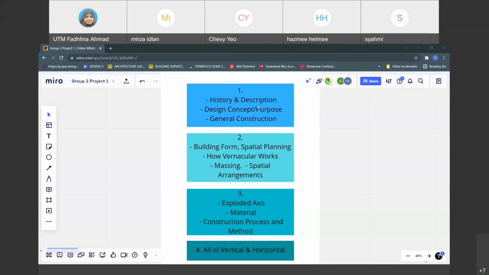But the thing is, this one is individual work, right? So Syamil is going to put this in his presentation later. That's why you need to be very clear what is the general construction and the construction process and method, and why they can't be combined. Please try to avoid redundancy.